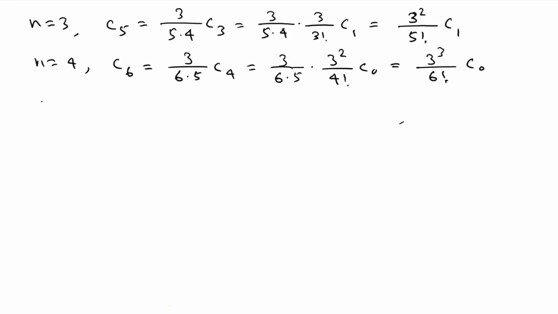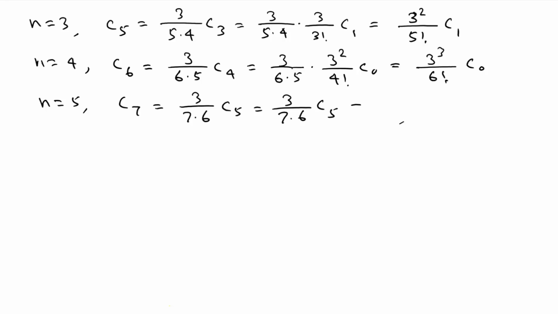As the last one, let's say n equals 5, C7. It is 3 over 7 times 6, C5.